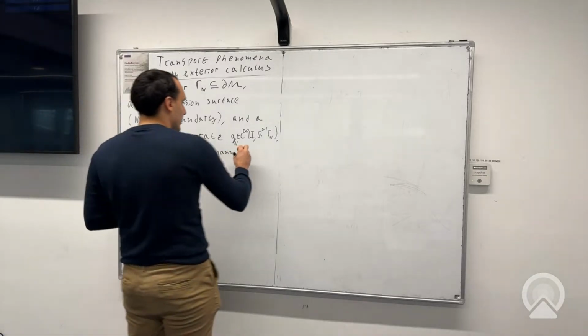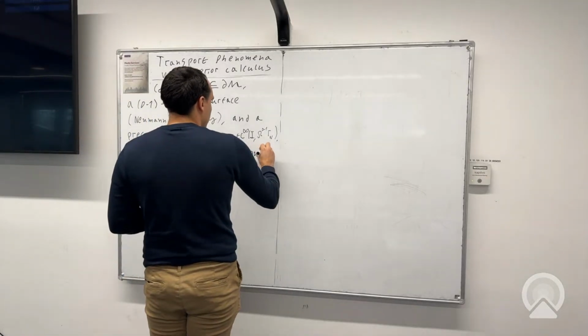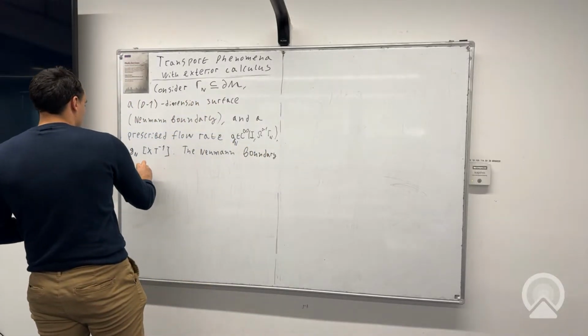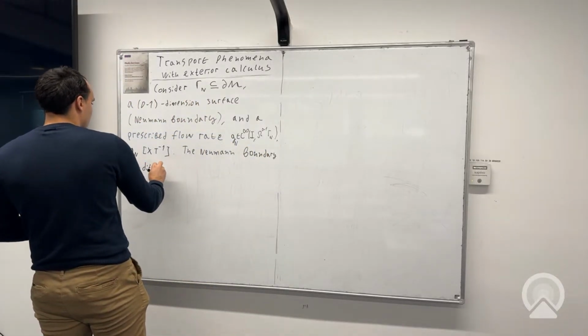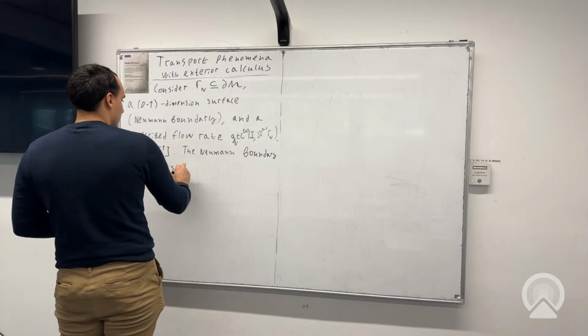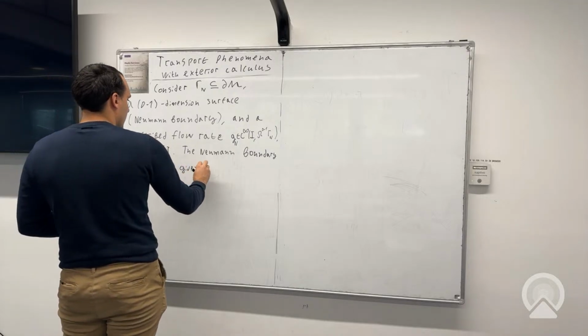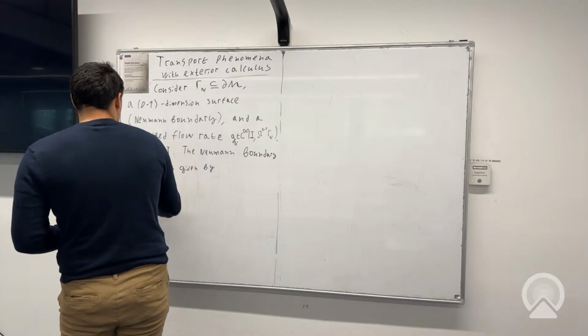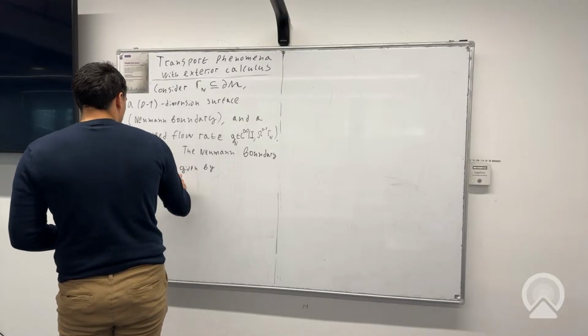But the Neumann boundary condition is given by the trace on the boundary of Q is Gn.